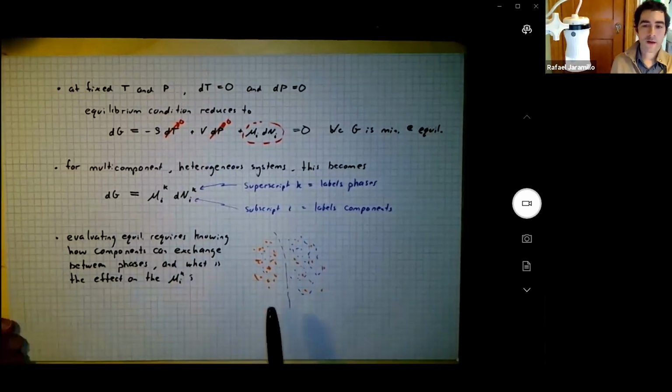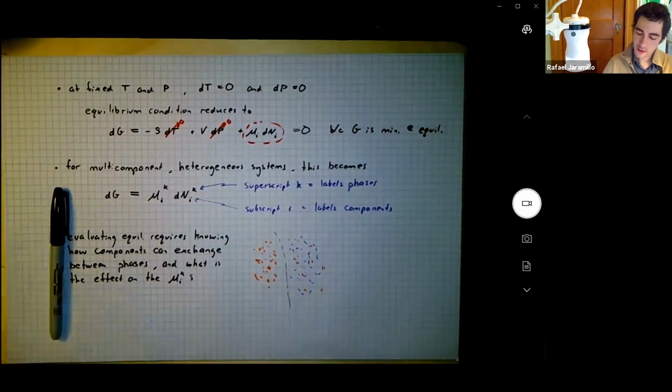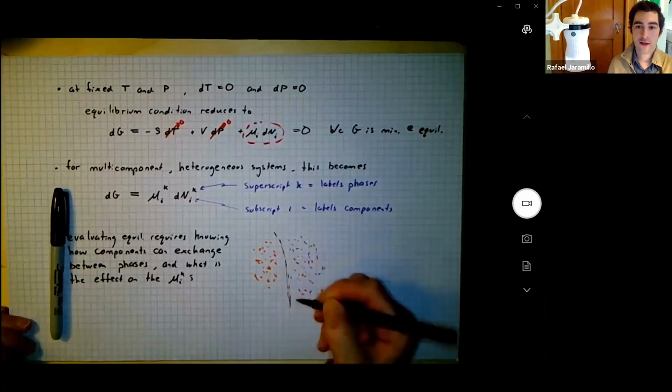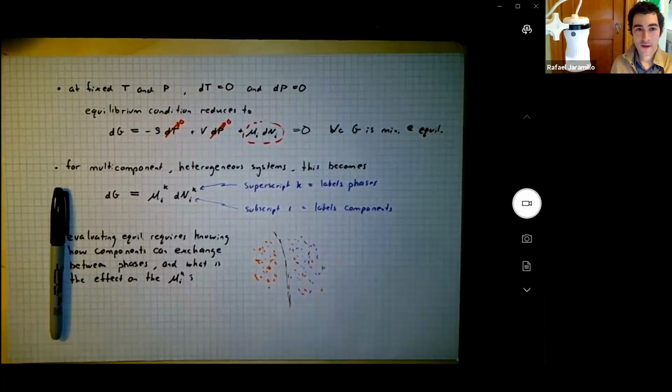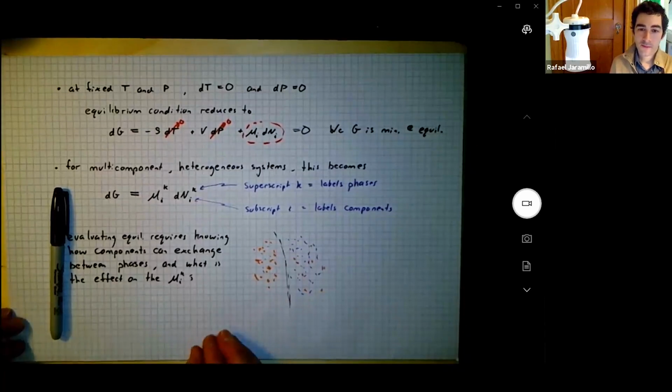What determines whether or not components can exchange between the phases? It's the boundary. The property of the boundary tells us what components can exchange between phases. And that can be engineered. There's a lot of engineering around choosing boundaries to get the desired equilibrium condition.